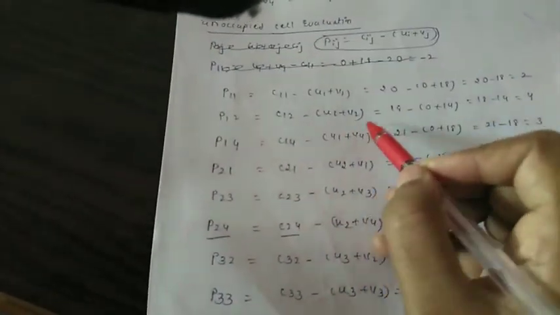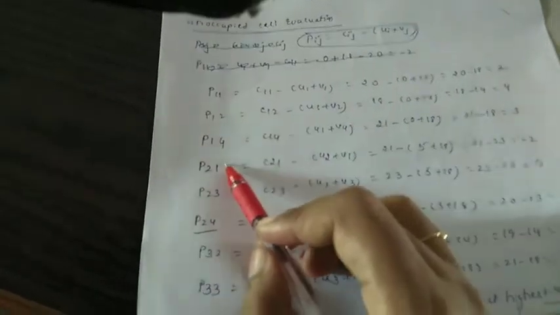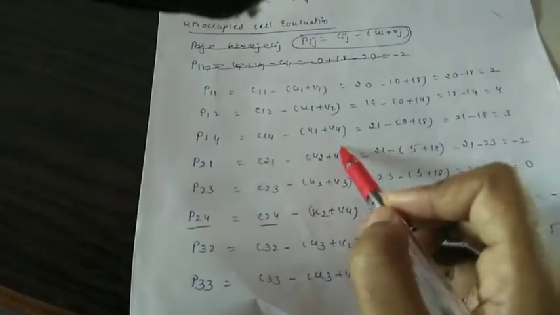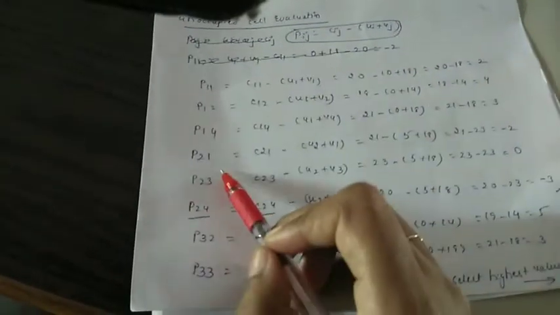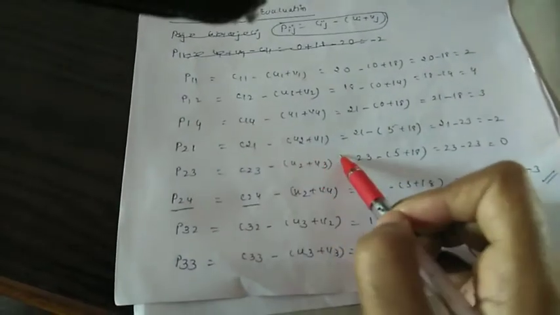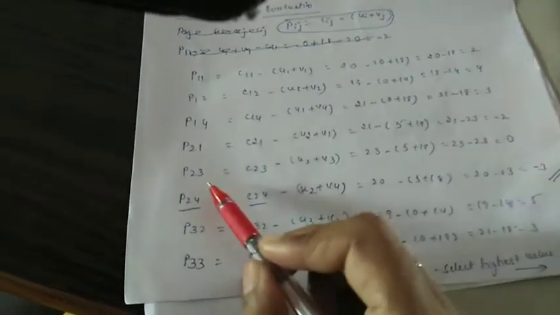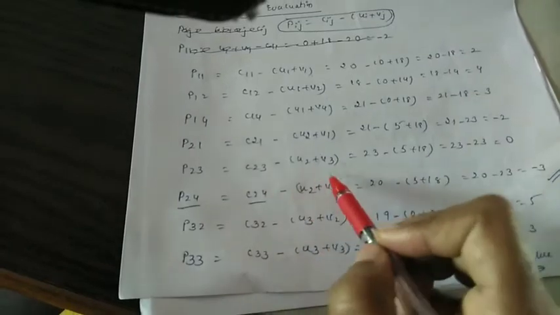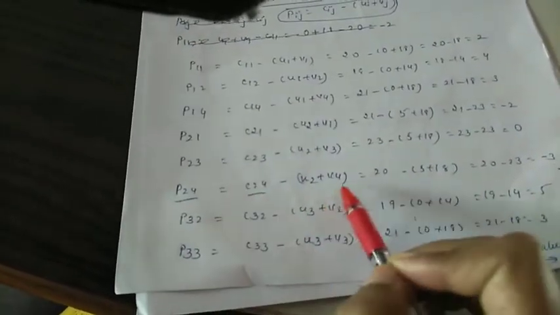And next P12, only for unoccupied cells. C12 minus u1 plus v2 and we got 4. P14 is equal to C14 minus u1 plus v4, got 3. And P21, C21 minus u2 plus v1 and got minus 2. P23 is equal to C23 minus u2 plus v3 and got 0. P24 is equal to C24 minus u2 plus v4, got minus 3.